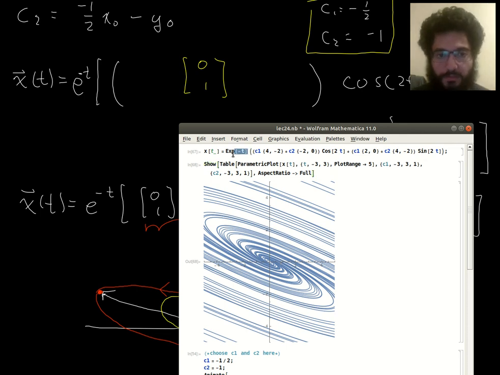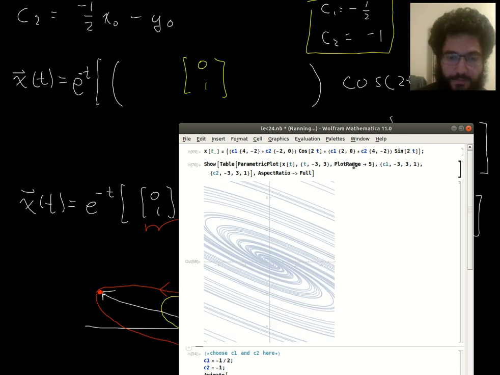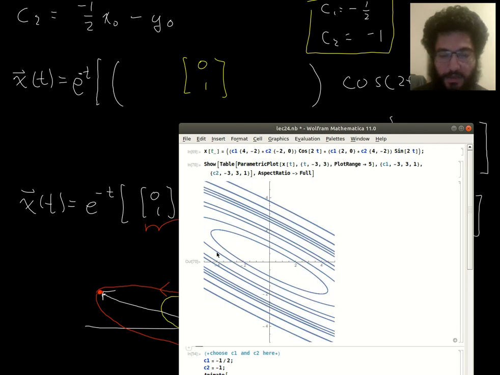And you can see if I remove this exponential factor here, then you get just ellipses around the origin. So when would this happen? When would you not have that exponential factor? That happens when you actually have purely imaginary eigenvalues.